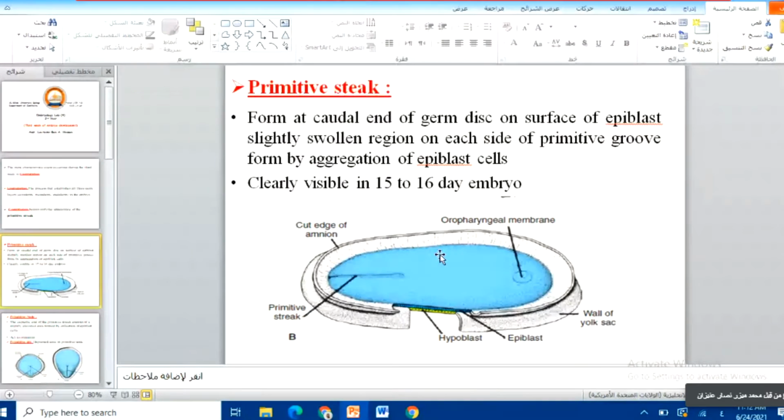It will be in the shape of a groove, with aggregation of epiblast cells in this groove. The primitive streak appears at day 15 to 16 of embryonic development.